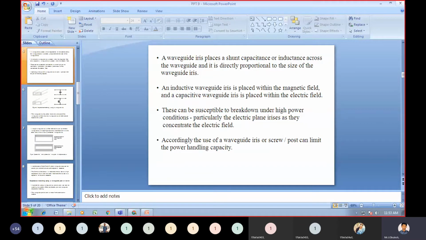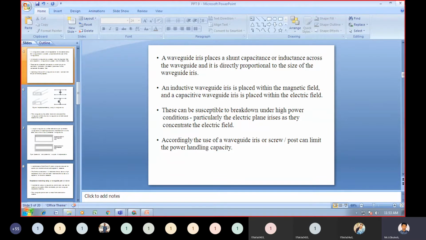Accordingly, the use of waveguide irises, screws, or posts can limit the power handling capacity. We have a limited power handling capacity.